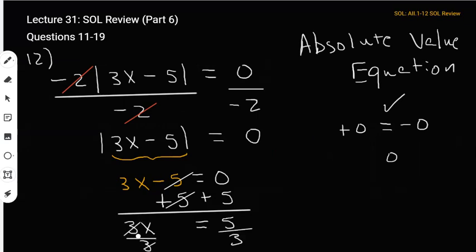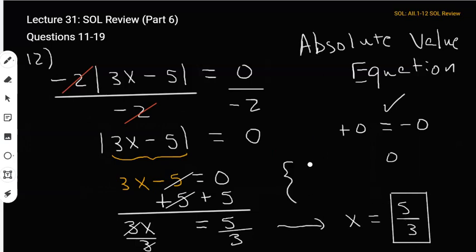So the 3's will cancel, and I'm left with x is equal to 5 over 3. Now, I don't think I can divide these numbers, so I'm just going to leave it as a fraction. I'll put a box around it. And my solution set would just be 5/3, because that's the only answer that I can get from this one.